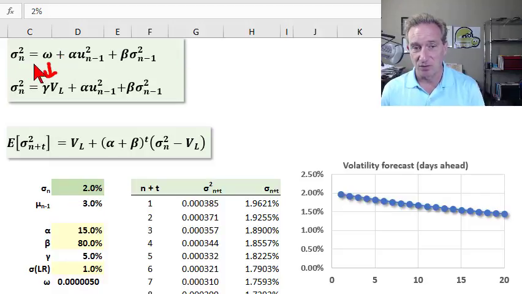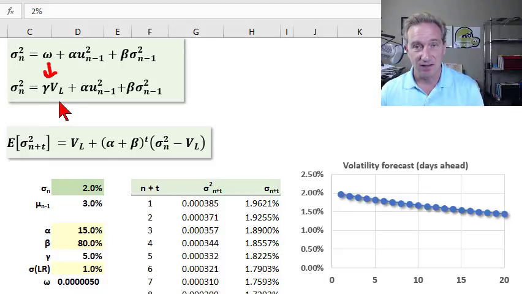Because when we see the GARCH 1-1, omega is a value. Mine is actually here, you can see a lot of zeros and then a 5. Typically the omega is very small, and that's because it's the product of gamma and the long run variance. So Hull denotes that V sub L. And we've said in previous videos that this is the long run variance.